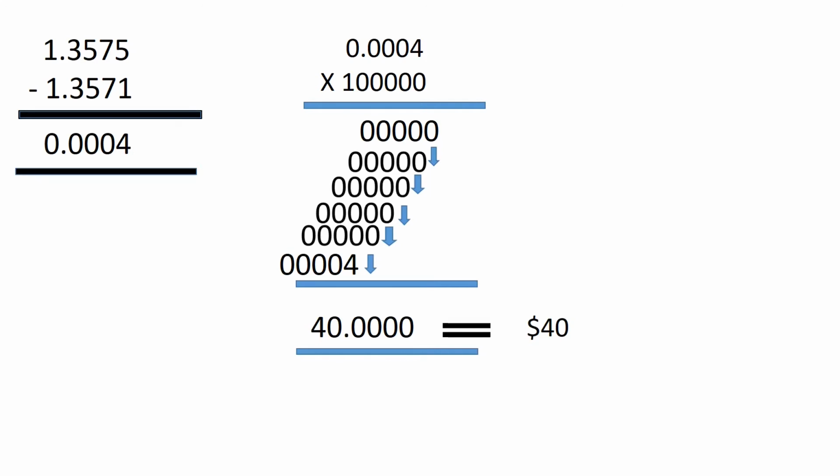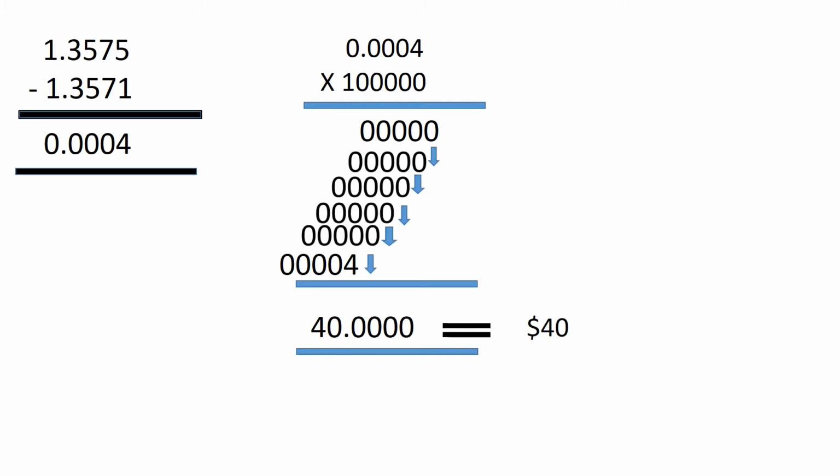Once we multiply it, then we put our point. So we count from the right how many figures before the point: 1, 2, 3, 4.